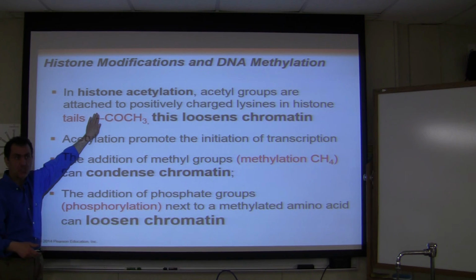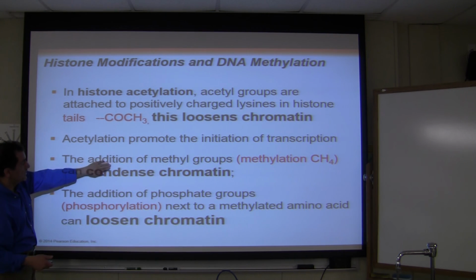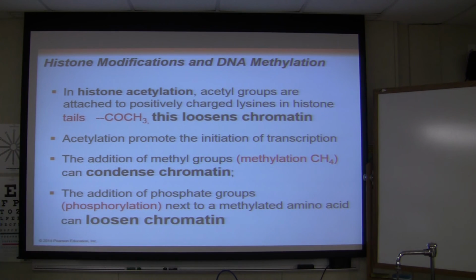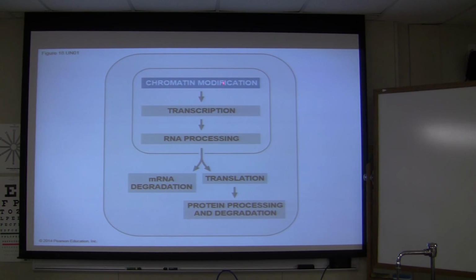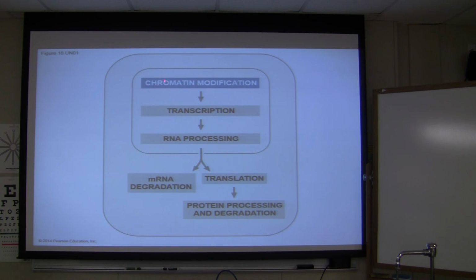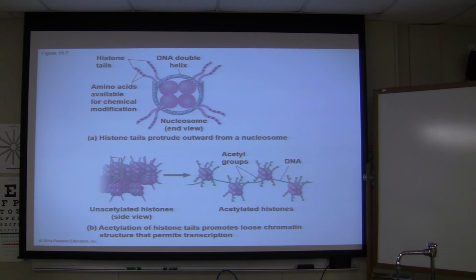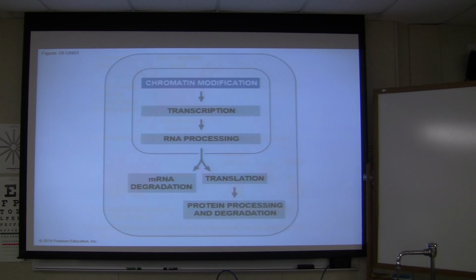And this one right here is turning off genes by methylation. I hope I'm making some sense. So these are all examples of chromatin modifications, either loosening it up or condensing it. I hope you're sticking with me.